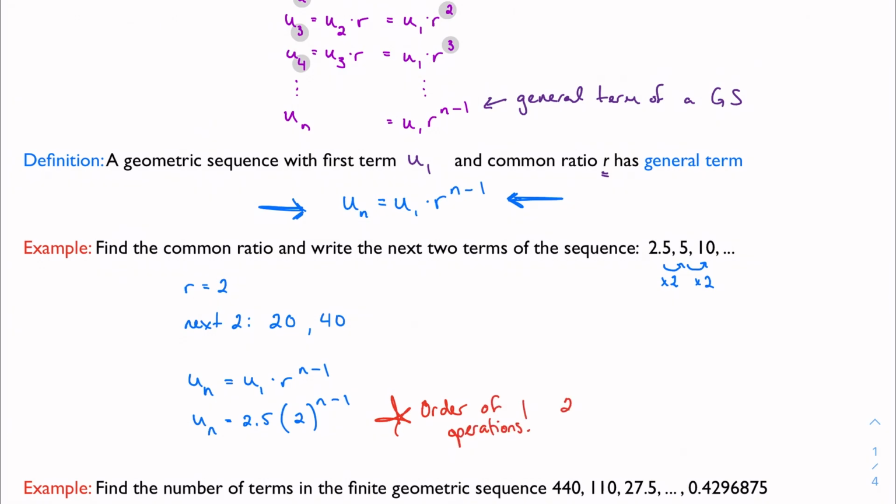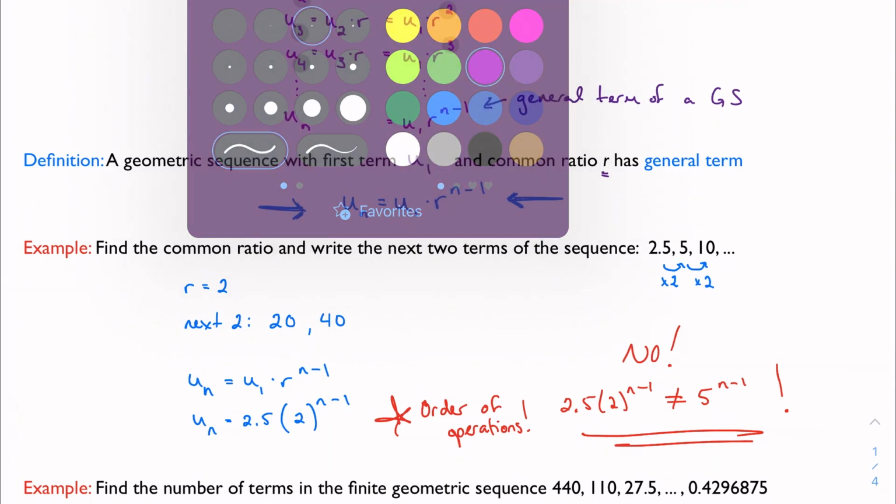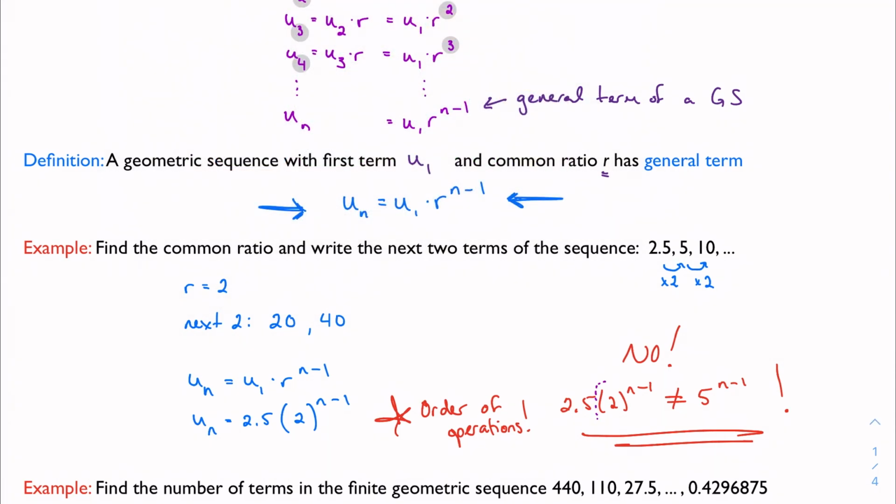I cannot take this expression and combine the two numbers. It does not work that way. Don't ever do this. Please don't ever do this. It's never true in general. So these are their own things. Again, we can almost think about having imaginary parentheses here, if that helps you.